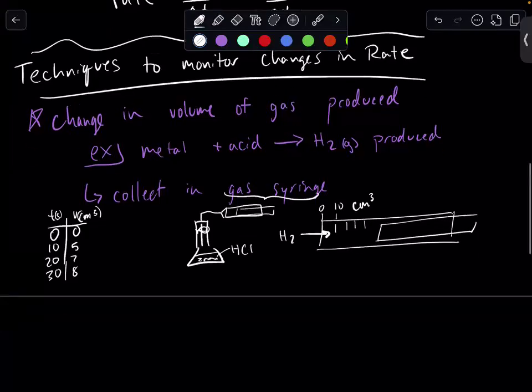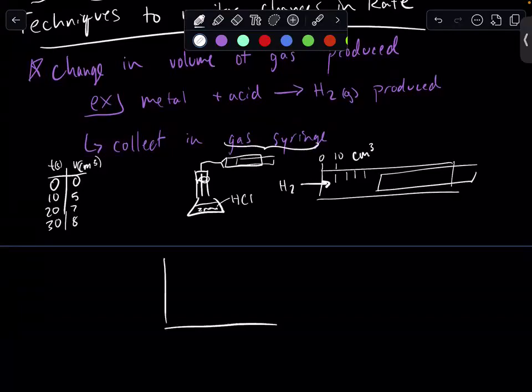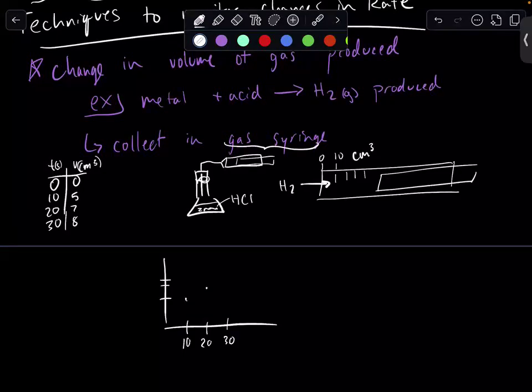So you might end up even creating a graph of this data showing how time changes 10, 20, 30 with volume 5, 7, and 8. And so you get a nice little graph that looks a little bit like this.